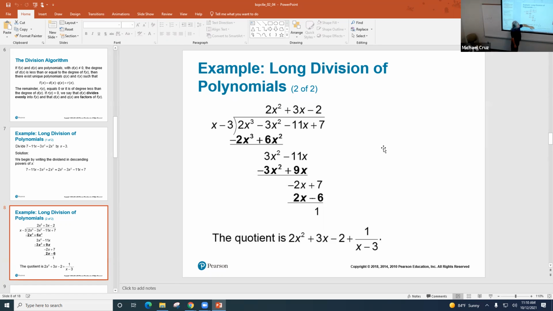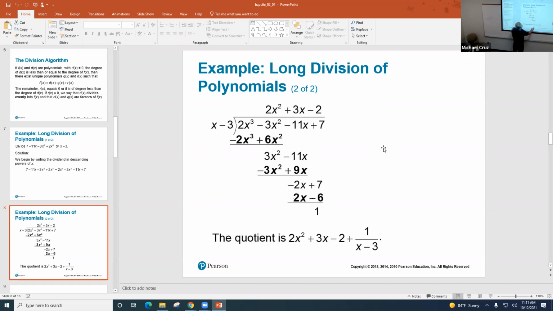And then here you've got negative 2x, and then bring down that 7. And then the last iteration, x into negative 2x goes negative 2 times. Negative 2 times x is negative 2x, and negative 2 times negative 3 is positive 6, but you're subtracting, so that's why they changed the sign. Okay? So there's your quotient.